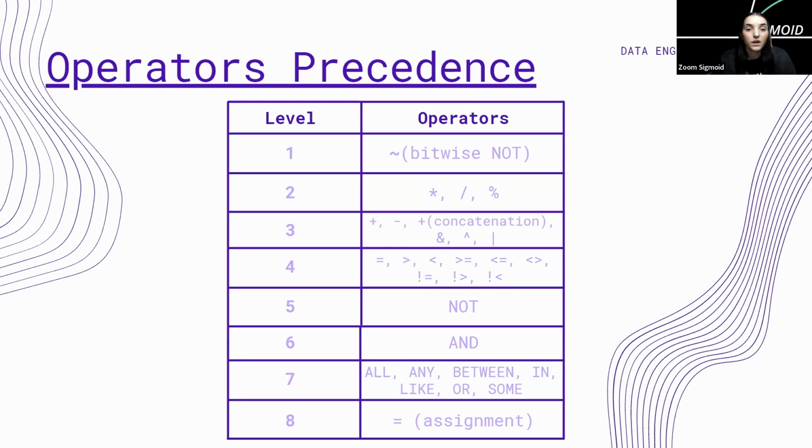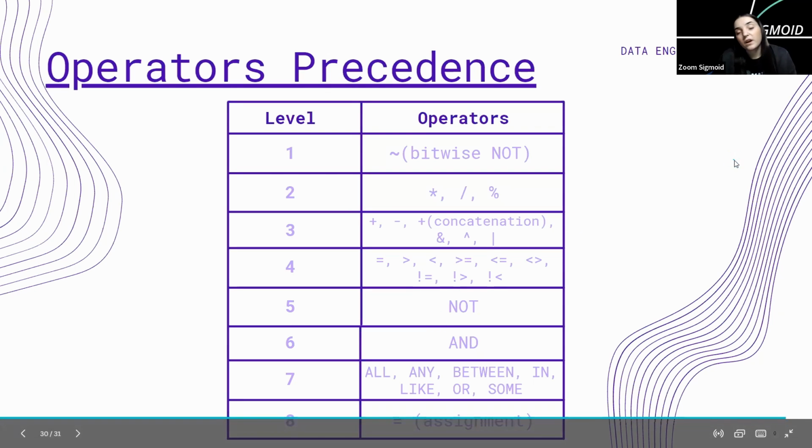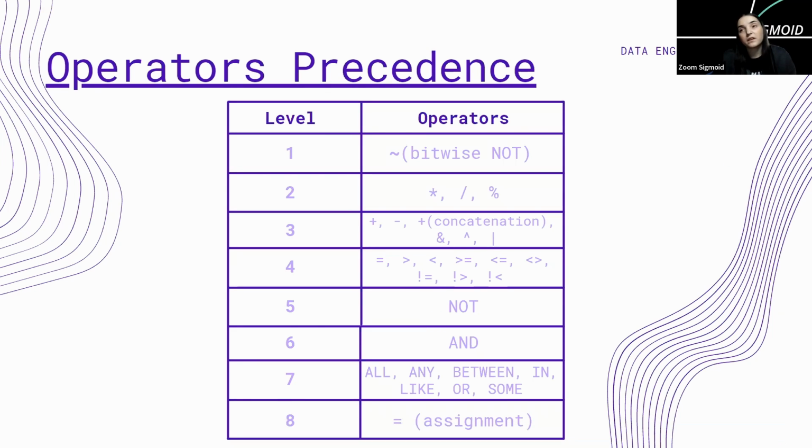And also here we have a precedence, like with the data types. The most strict and the most important, the first one which will be executed, is the bitwise NOT. Moving next, we have multiplication, division, and modulo.